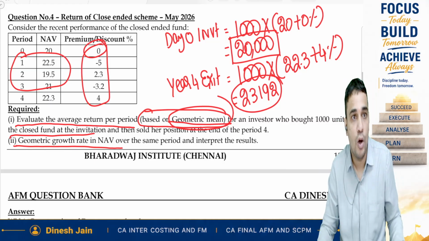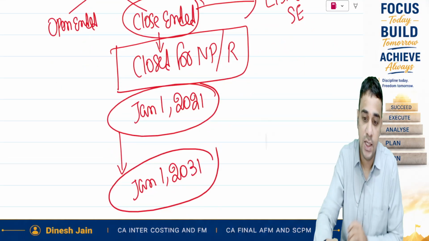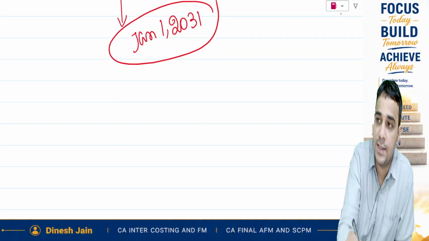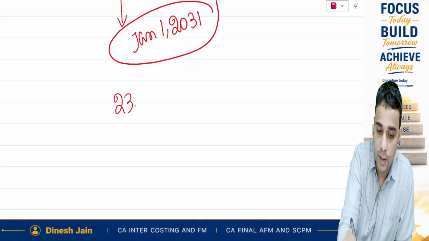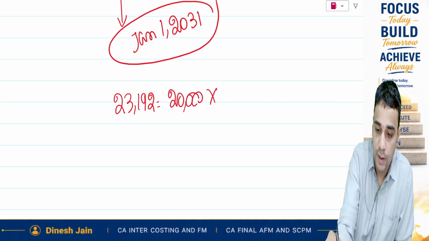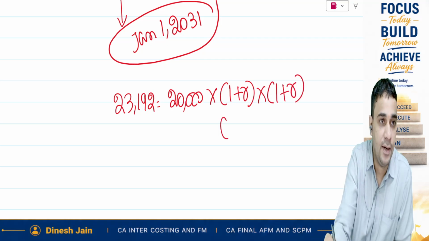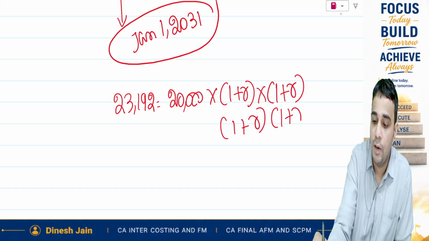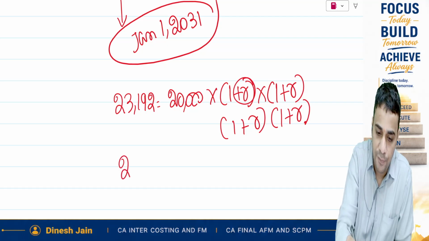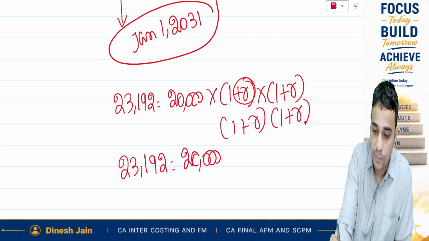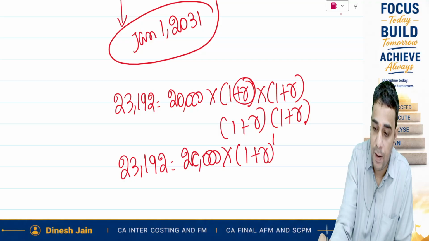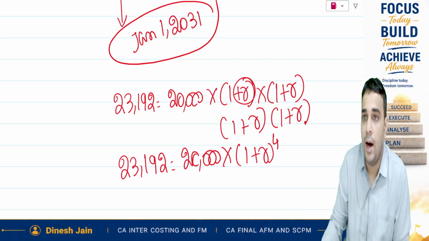What is the amount I get on the last day? 23,192 is equal to 20,000 into 1 plus the first year return, 1 plus the second year return, 1 plus the third year return, 1 plus the fourth year return. This R is called the geometric mean. Instead of writing like this, I can say 23,192 equals 20,000 into 1 plus R power 4.